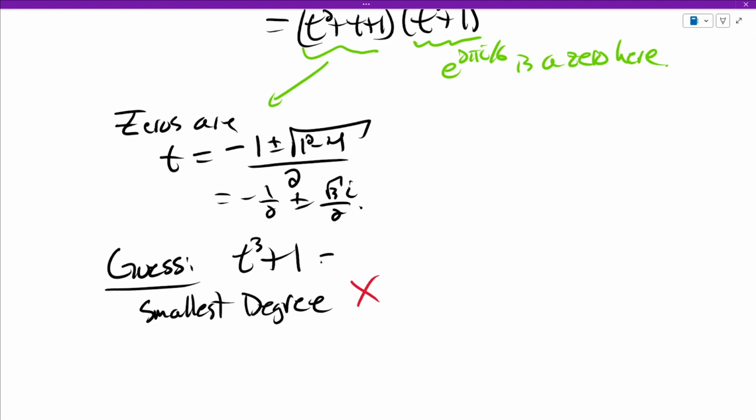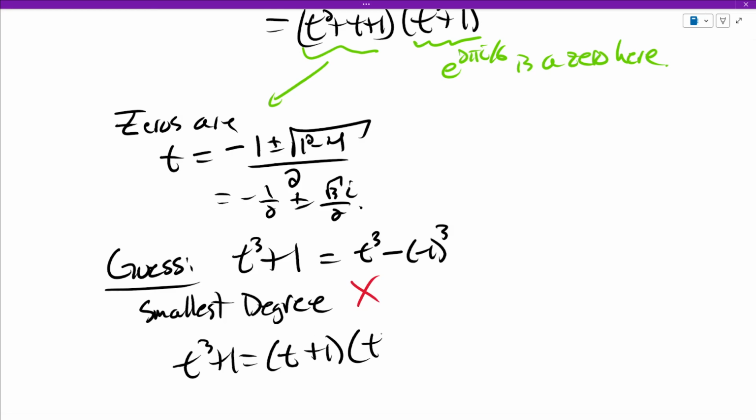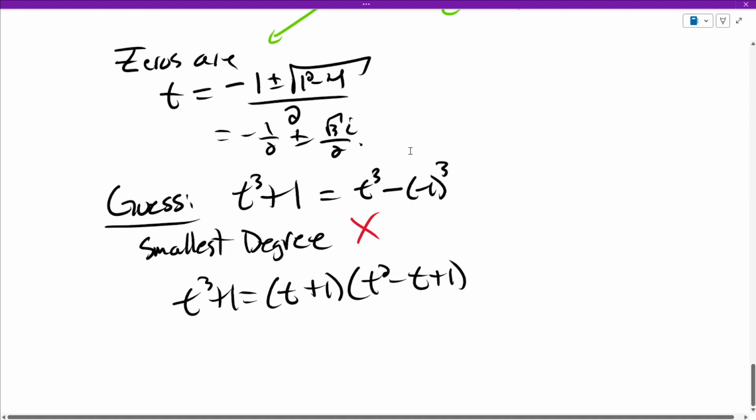It's a difference of cubes, t cubed minus 1 cubed. And when you have a difference of cubes, I hope I'm going to be able to remember the formula, we should get t plus 1, and then t squared minus t plus 1. If we multiply this out, we will get t cubed plus 1. I leave that to you to check.